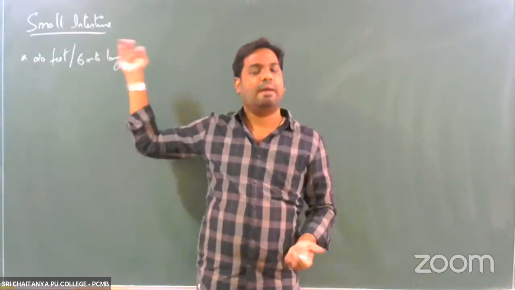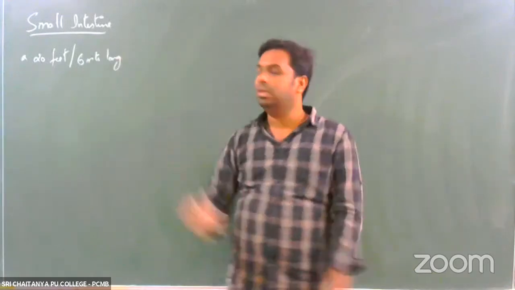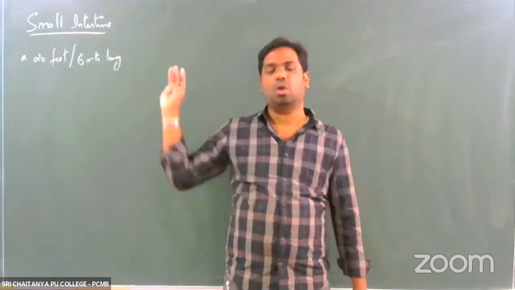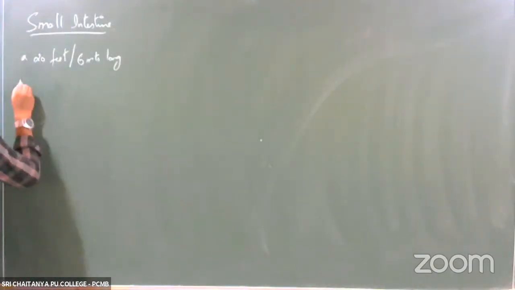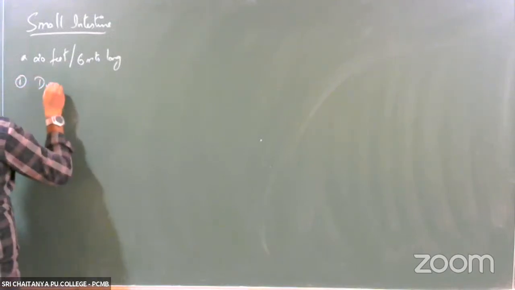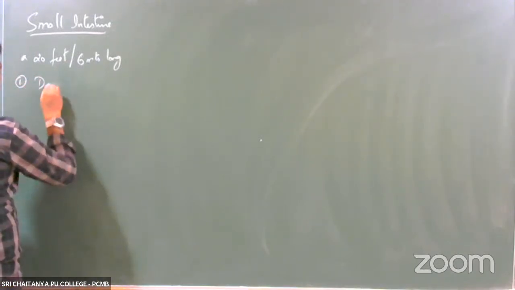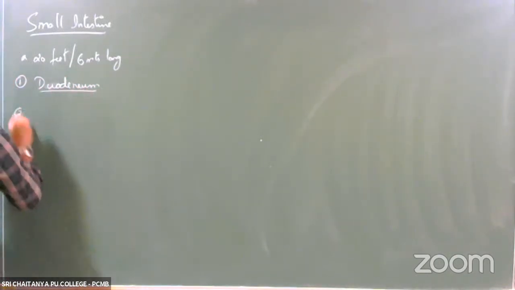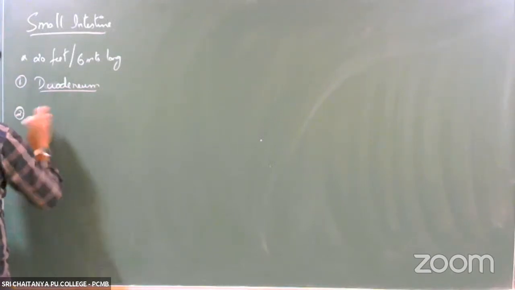Now, the entire small intestine is divided into 3 regions. The first region of the small intestine is called the duodenum. The second part is called the jejunum.